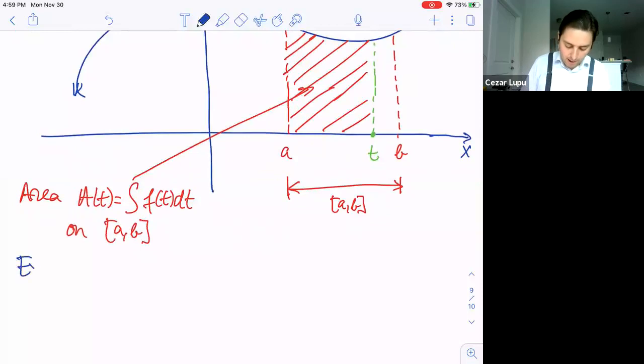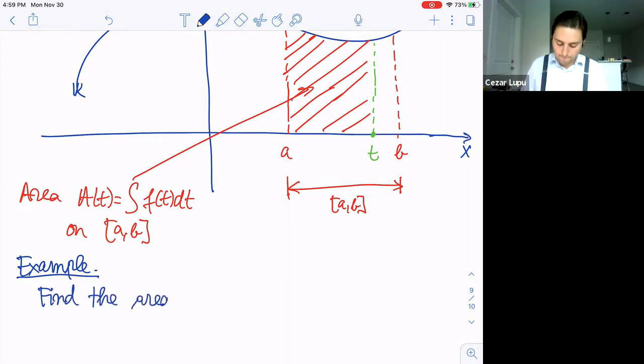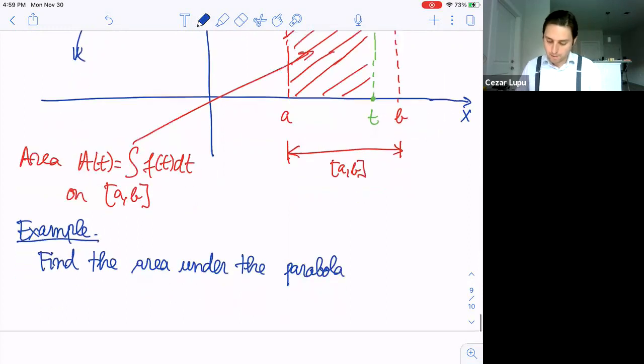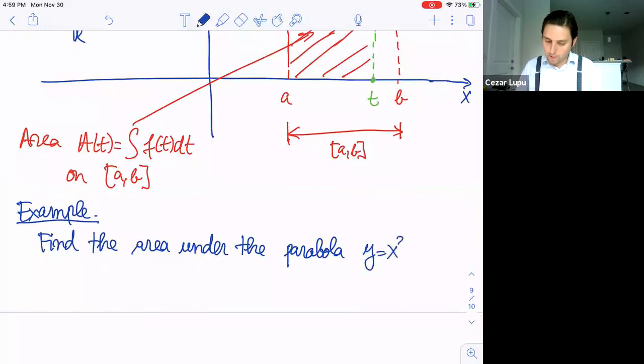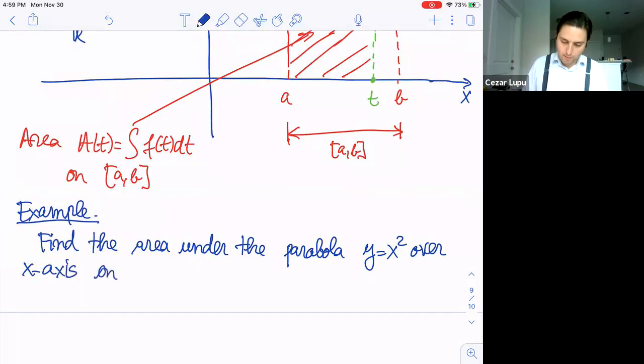So the example that I have in mind is the following. We want to find the area under the parabola y equals x squared over the x-axis on the interval 0, 1.